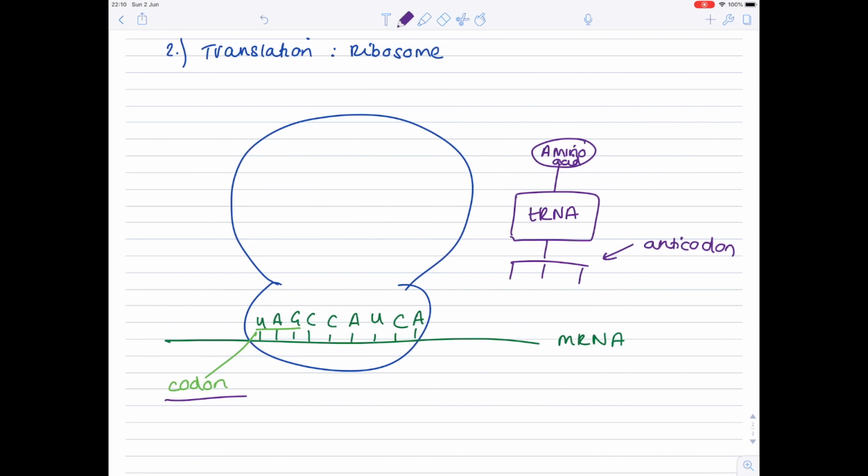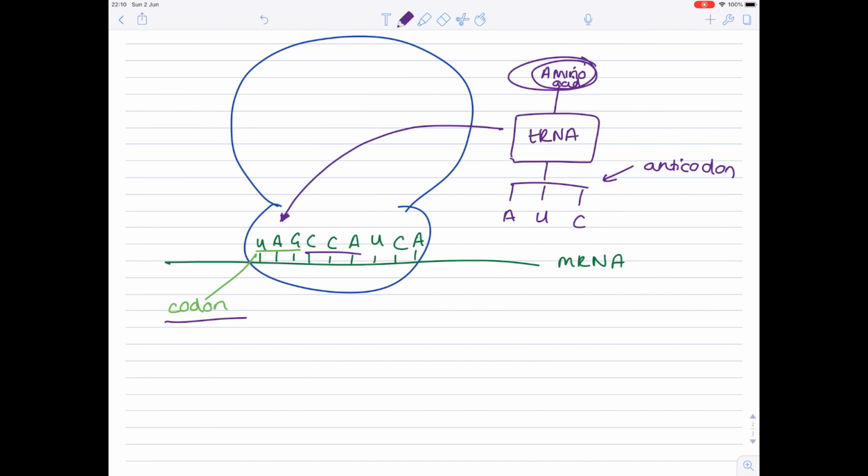So for this tRNA molecule to be brought along to this particular part of the mRNA, then the anticodon would need to be A, U, C, because these would be the complementary bases. So at that point, this tRNA molecule would be brought here and it would bind, bringing with it this amino acid. Let's look now at the next codon, CCA. So this time we need a different tRNA molecule.